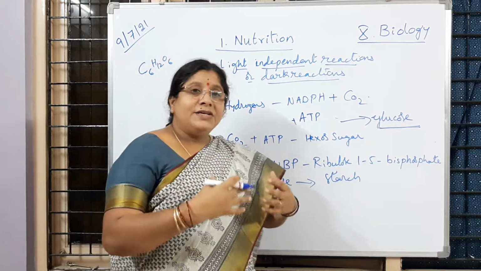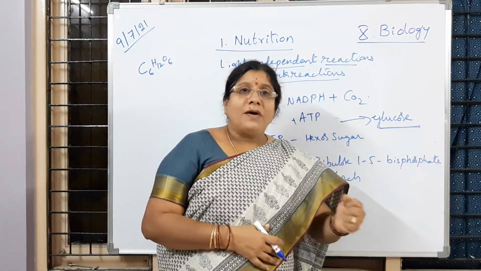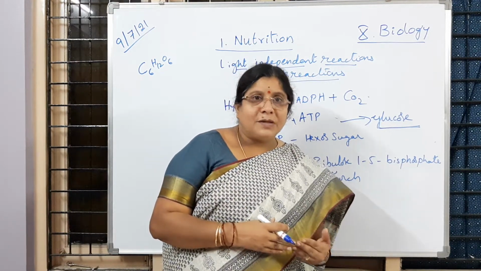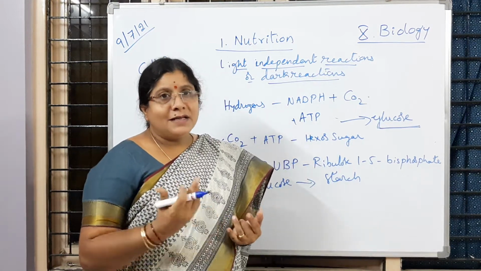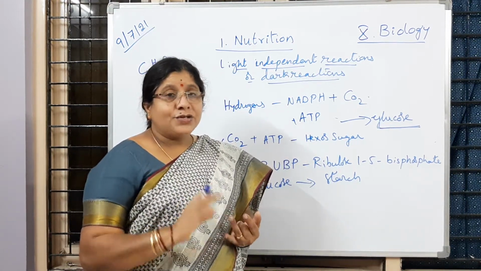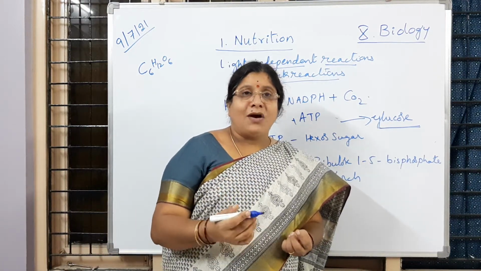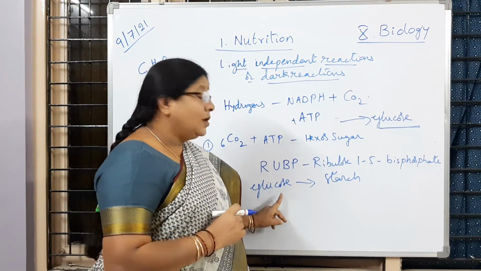Then we are going to make use of it. Even plants make use of that starch for their survival. So glucose formed, in which parts of the plant will it be seen? Especially fruits. Fruits have a sweet taste, no children? So the sweet taste the fruit has is because of a simple form of carbohydrate, glucose.